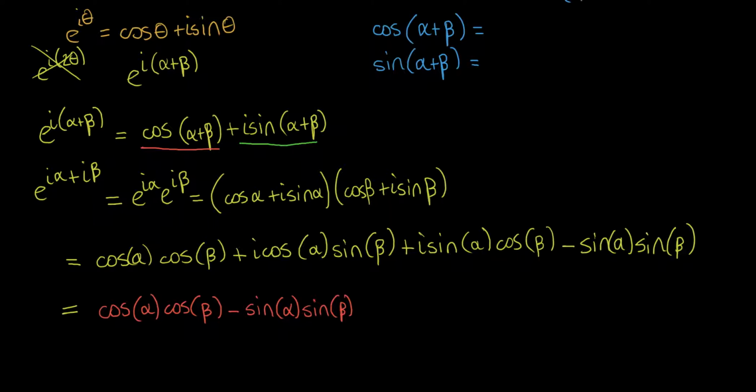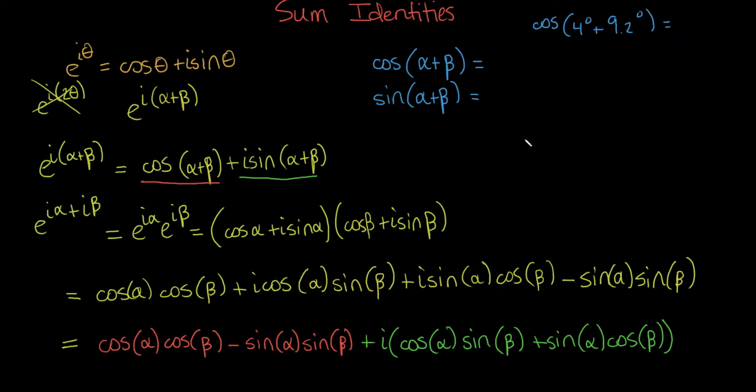And here, plus, now we have the i, we can take out, and we have the cosine of alpha times the sine of beta plus the sine of alpha times the cosine of beta. Still looking monstrous, but now we have ourselves an answer.